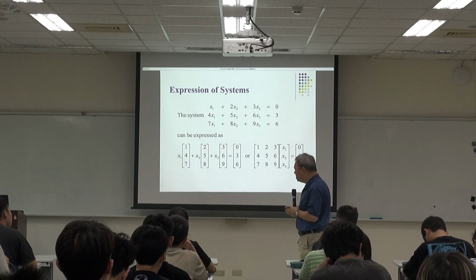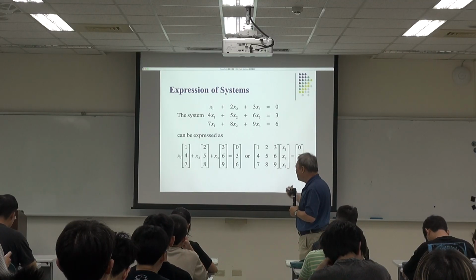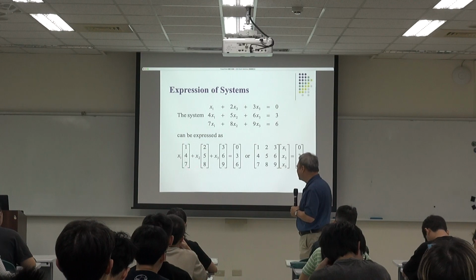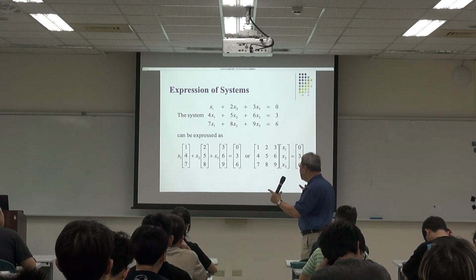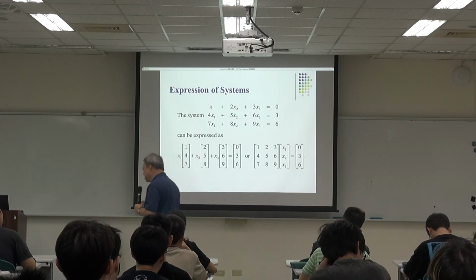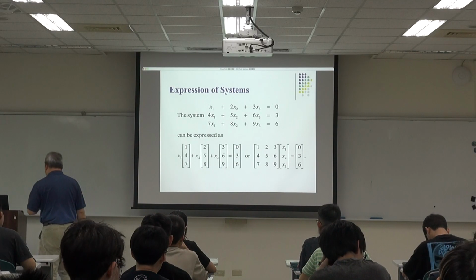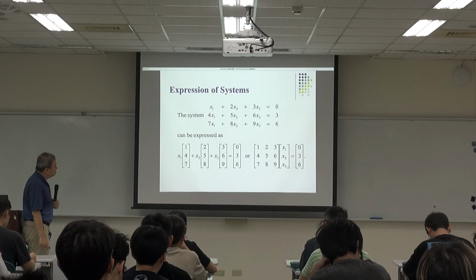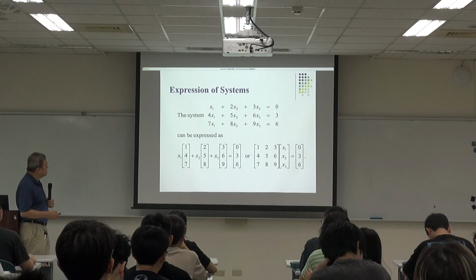This is very important because it will help you connect the left view and the right view. Otherwise, some of the material in the future, you will not be able to understand.